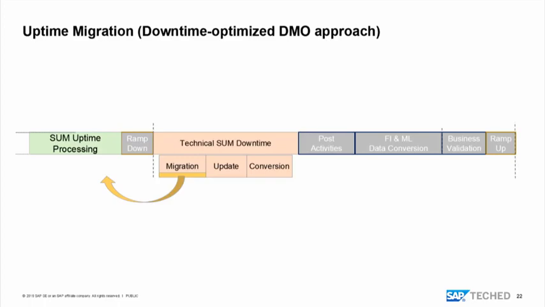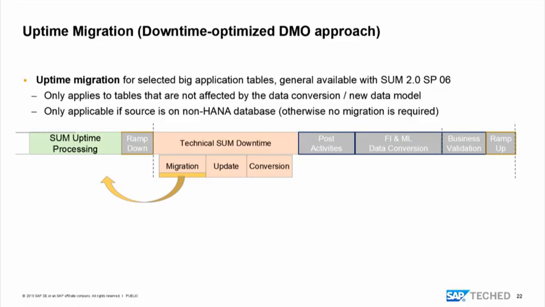Obviously, this approach only applies if my source is not yet on HANA. If my source is on HANA, then there is no migration, then there is no need to migrate large application tables in uptime. So uptime migration for selected large application tables is generally available for SUM 2.0 SP6. It can be used in a conversion.